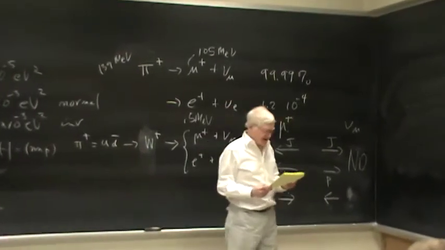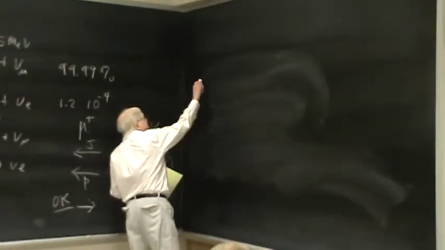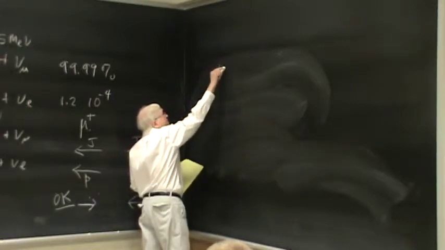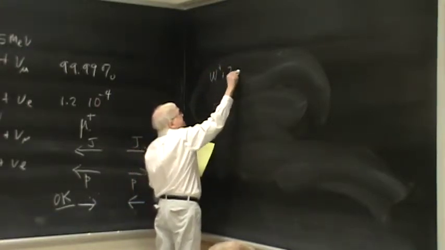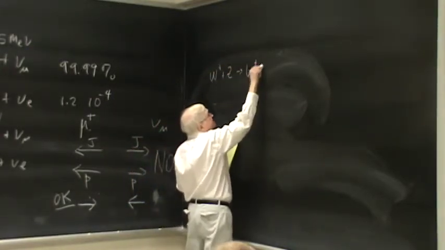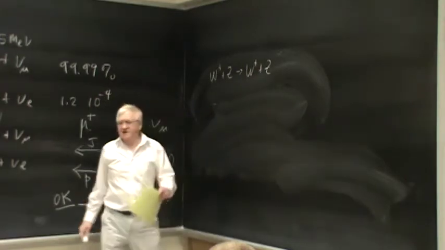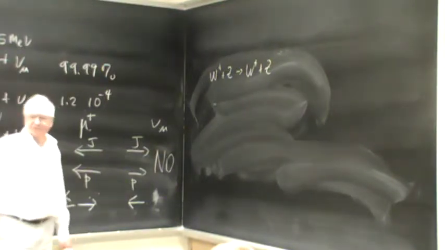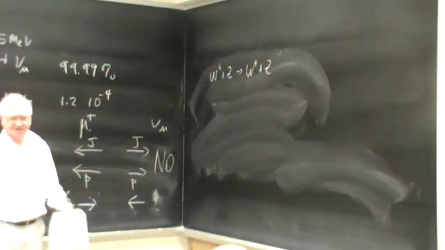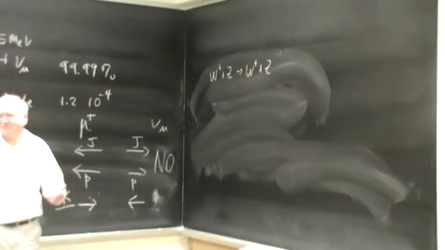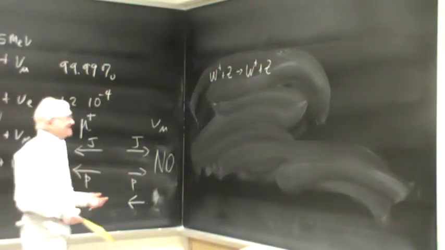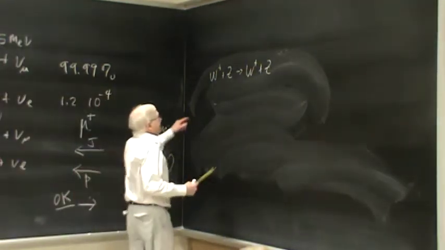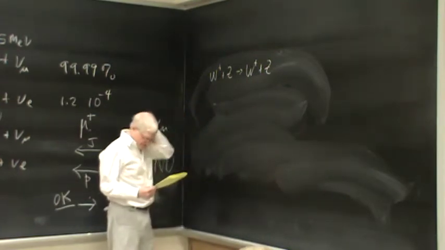So let me just say that suppose we're talking about this process. W plus Z goes to W plus Z. Well, now this is not something you're going to measure anytime soon, because good luck getting a beam of Z zeros. I mean, you could do it, but this is purely theoretical.